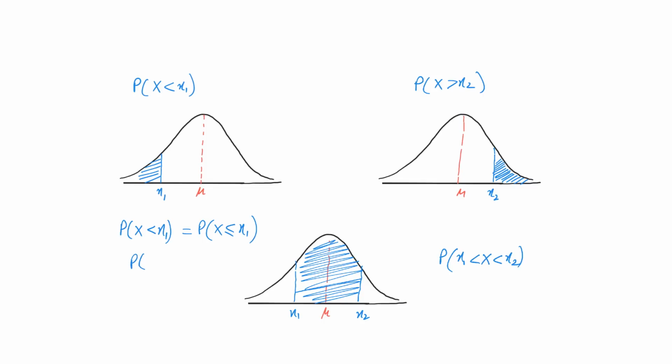Because the probability of x equal to x1 is 0. So since this probability is 0, the probability of x less than x1 is the same as the probability of x less than or equal to x1. And similarly over here as well, the probability of x greater than x2 would be the same as the probability of x greater than or equal to x2.